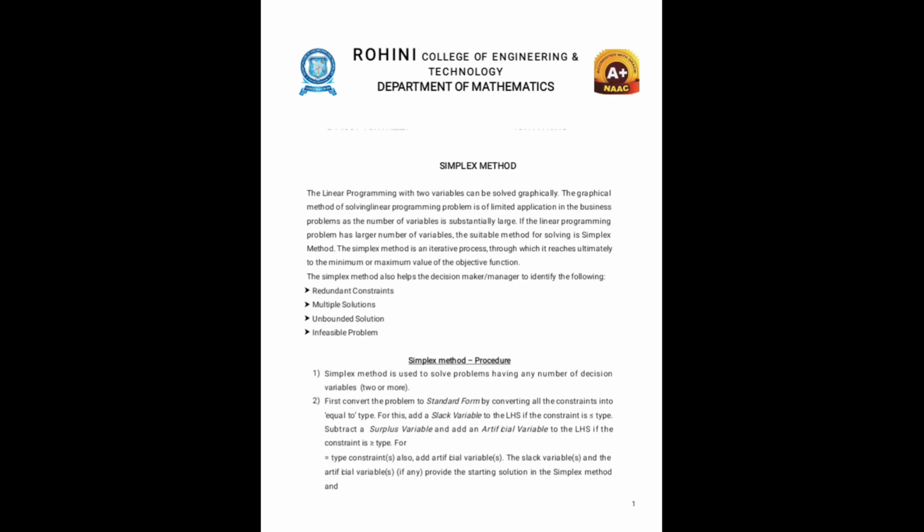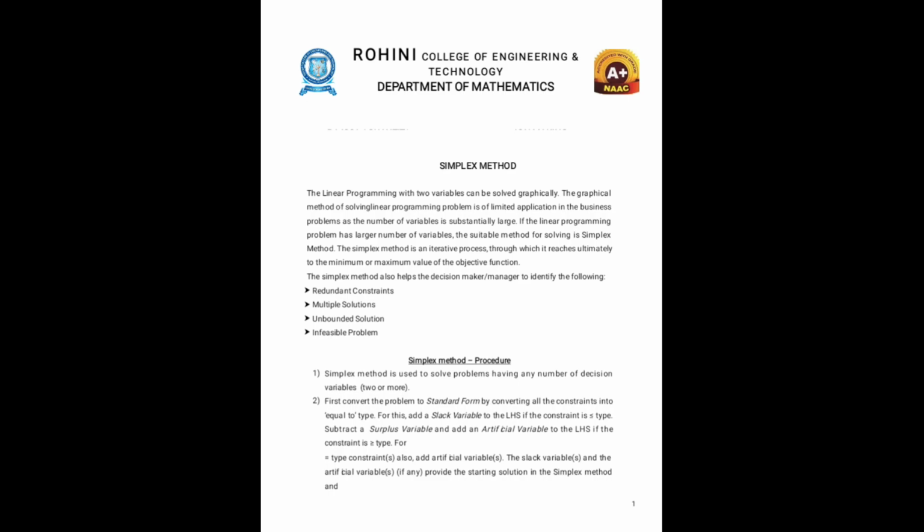The procedure for the Simplex method. The Simplex method is used to solve problems having any number of decision variables, two or more. First, convert the problem to standard form by converting all the constraints into equal-to type. For this, add a slack variable to the LHS if the constraint is less than or equal to type.